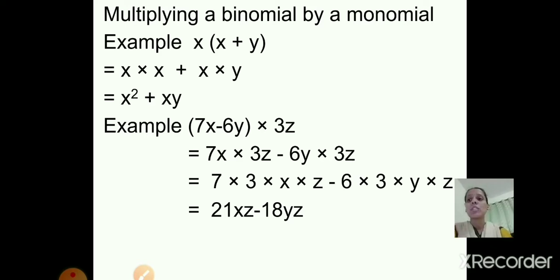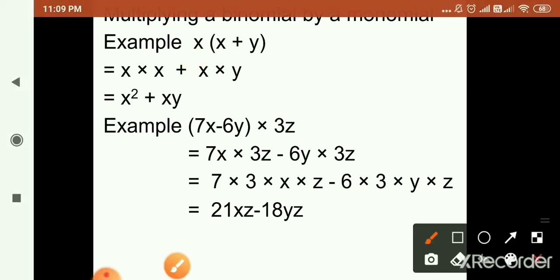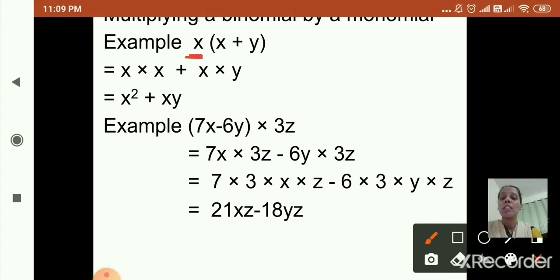Okay, so see the first example. As you can see here, this is the example: x in bracket x plus y. Here there is no sign, meaning x multiply by x plus y. Now in this example, which is the monomial expression and which is the binomial expression? Yes, this is the monomial algebraic expression, it is having only one term.